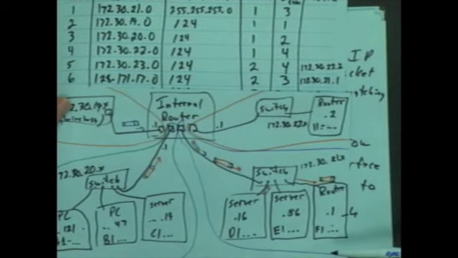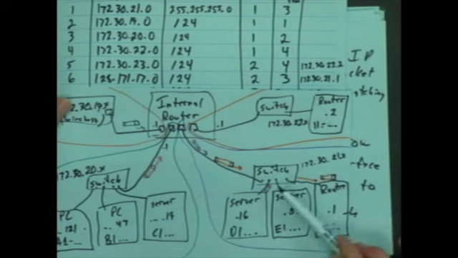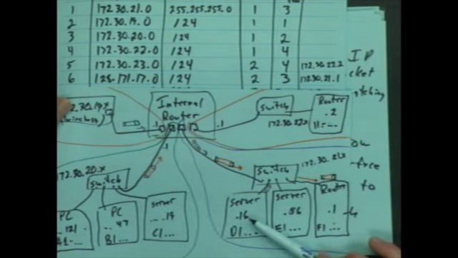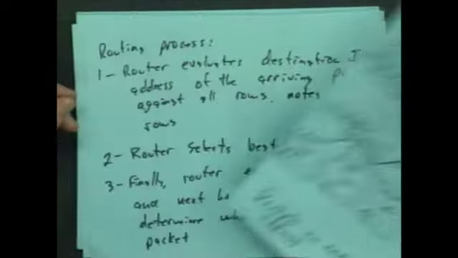Now here's the question you're going to ask, hopefully. When it got the packet, it had 172.30.21.16. How is it going to find out that the server's MAC address is D1 whatever? The switch does not have it.